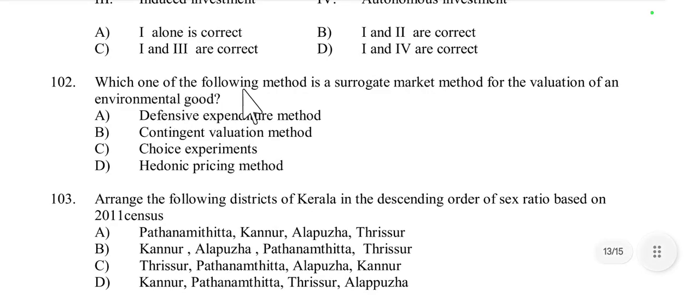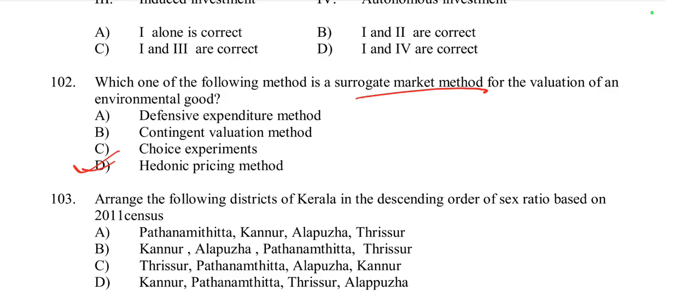Then 102, which one of the following methods is a surrogate market method for the valuation of an environmental good? The options are defensive expenditure method, contingent valuation, choice experiment or hedonic price. It is the hedonic price approach, because the hedonic price method is a surrogate market method used to value environmental goods by analyzing how environmental factors influence market prices such as housing prices.